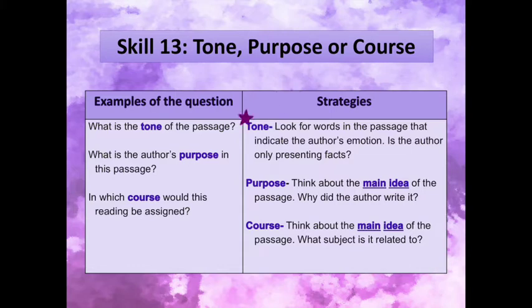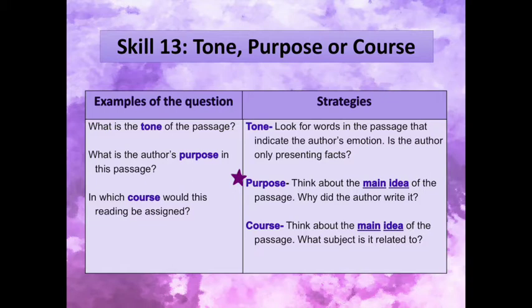For tone questions, look for words in the passage that indicate the author's emotion. Is the author only presenting facts, or do they have an emotion about the topic? For purpose questions, you should think about the main idea of the passage. Why did the author write it?